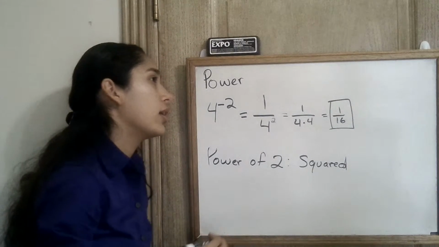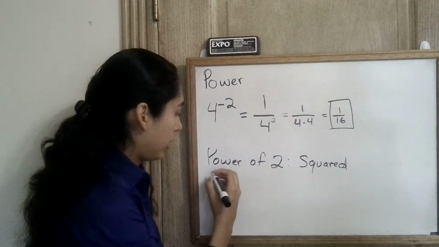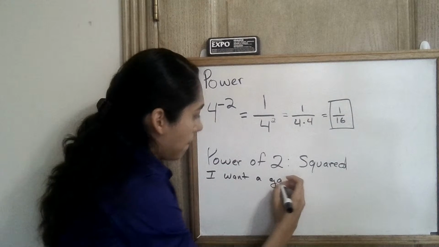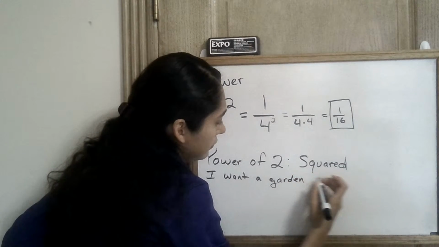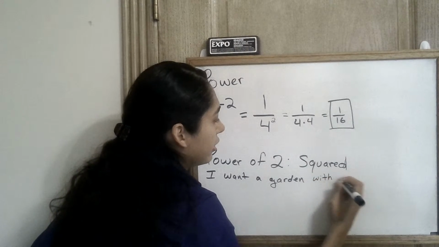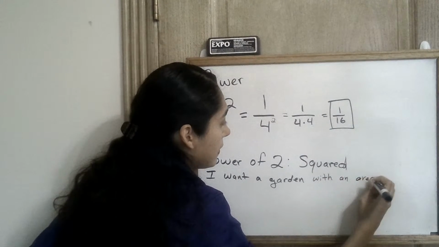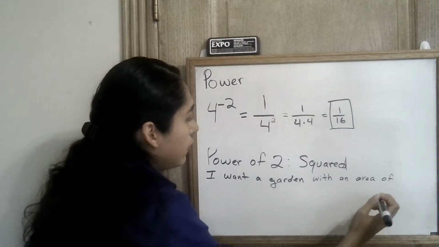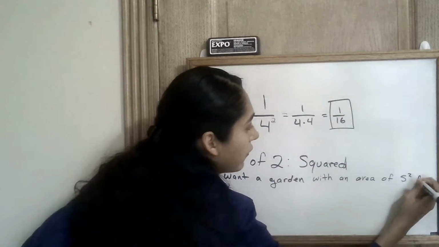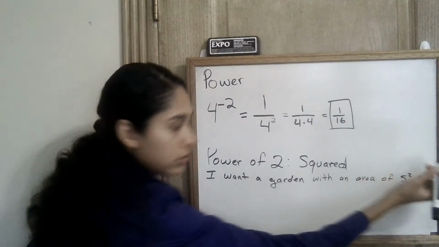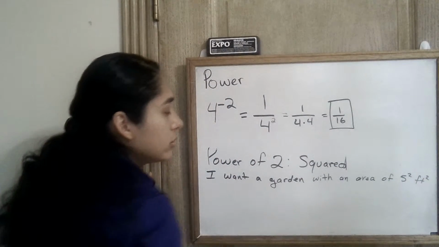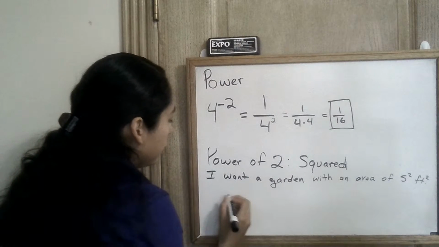So if I say I want a garden with an area of 5 to the power of 2, or 5 squared feet, and since feet is in an area, it's feet times feet, and squared, I'm going to have to do it like this.